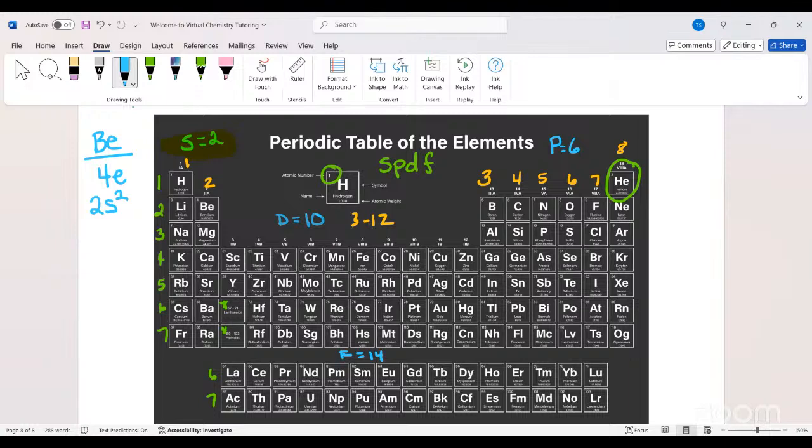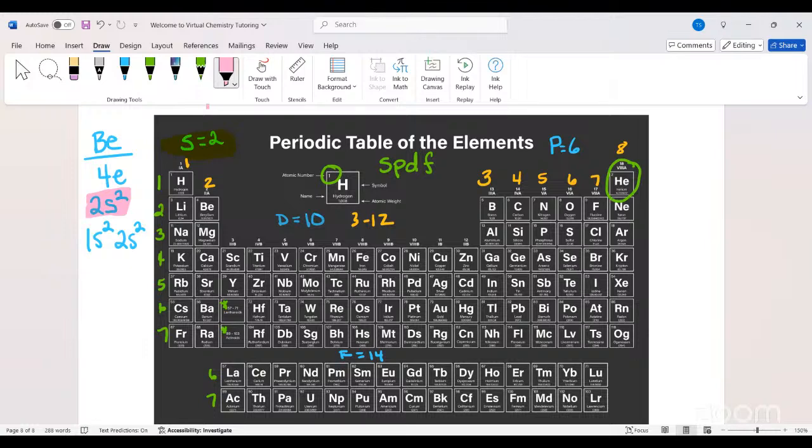Now, if I ask you, all right, give me the electronic configuration, guess what you're going to do? You're going to first start off with 1s2, then 2s2. And by the way, this stuff right here that I'm highlighting in pink, that's the last thing you would write for your electron configuration.